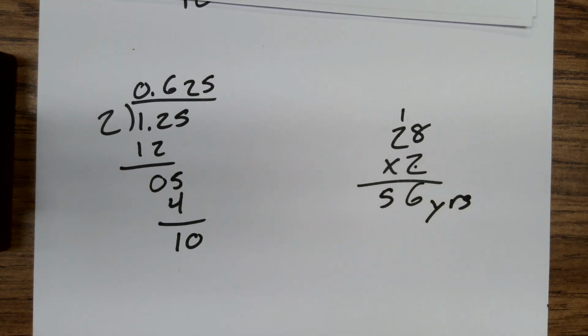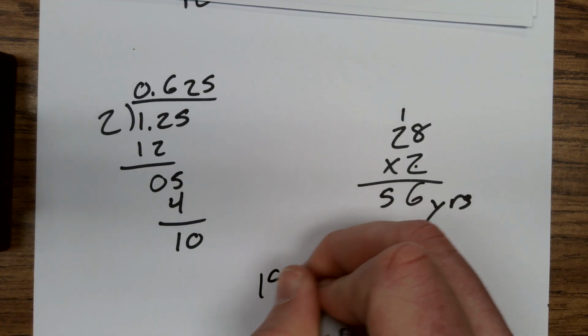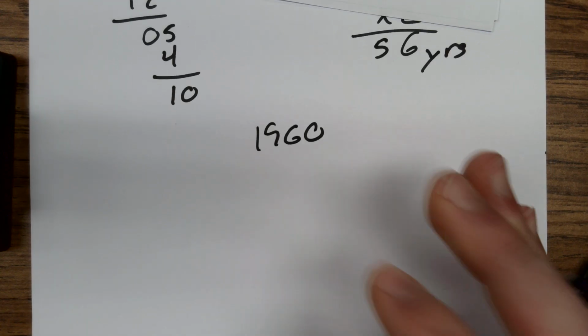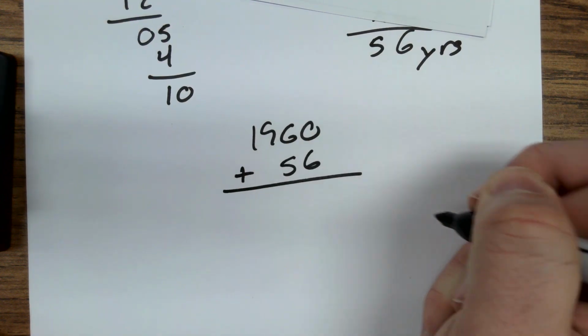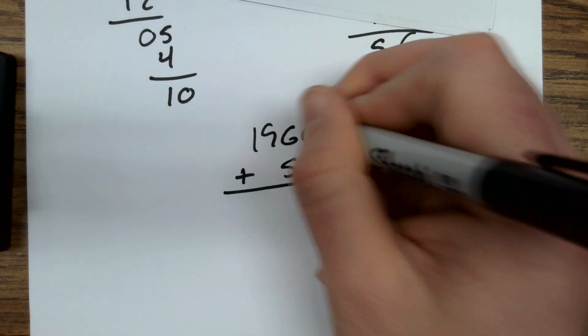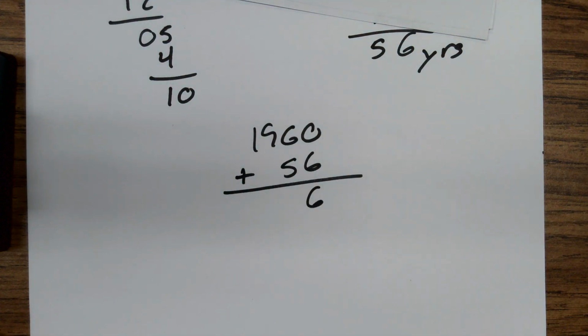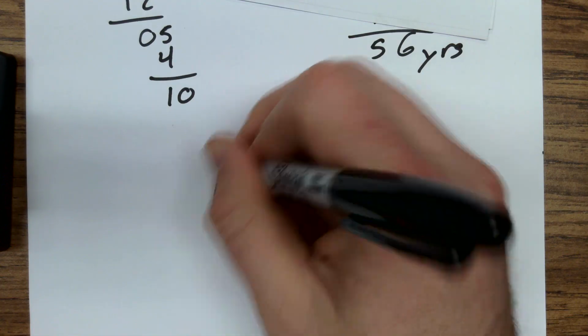So I didn't ask how many years have passed. I asked at what year do I get 0.625. So I need to add 1960. That's the year that was created. Plus 56. Oh, wait. Am I doing this the right way?